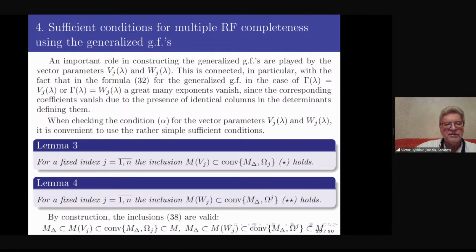For a fixed index j from 1 to n, the inclusion m of v_j belongs to the convex hull of m and omega sub j. The inclusion star holds. Lemma 4. For a fixed index j from 1 to n, the inclusion double star holds.